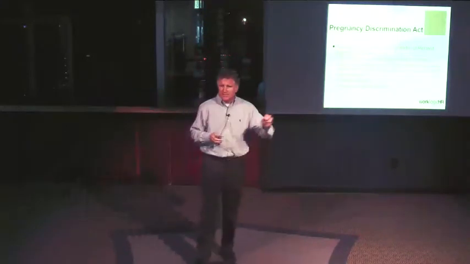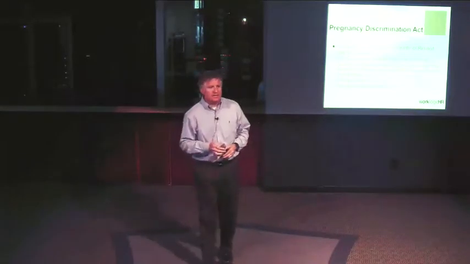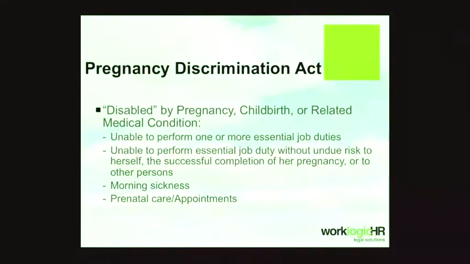It covers morning sickness. We see this a lot. And the error that employers make is they don't designate that time. So the employee misses 3 hours every morning for 8 weeks and then goes out on pregnancy disability leave. And we don't know how to calculate the time because no one designated those sporadic 3 hours as pregnancy disability leave.